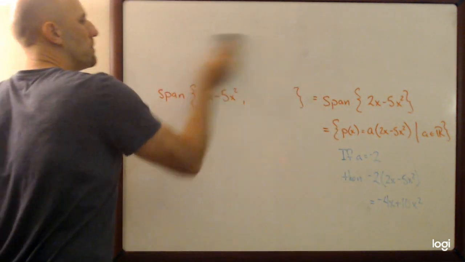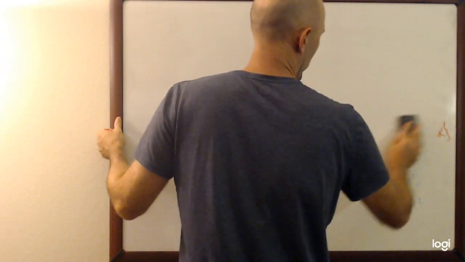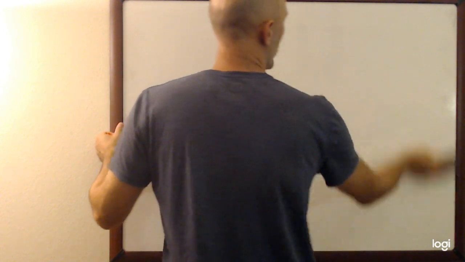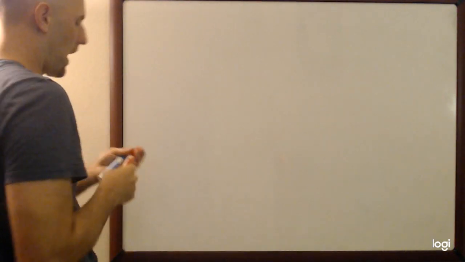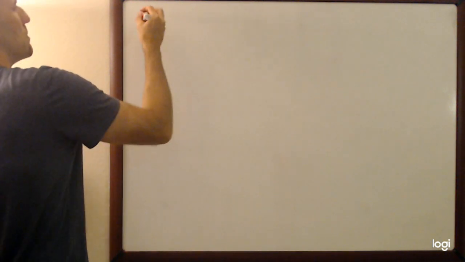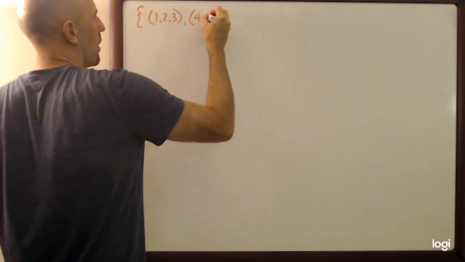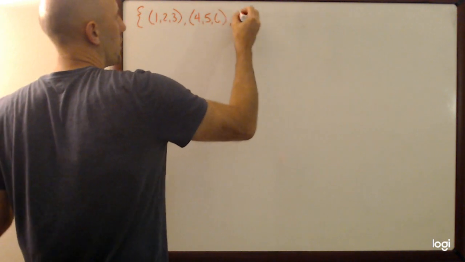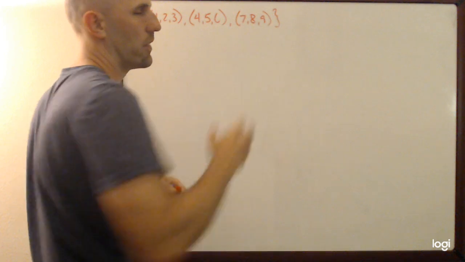And so let's talk about Rn, right? Let's talk about just real valued vectors in Rn. And let's maybe get an example up here. Let's do 1, 2, 3, 4, 5, 6, 7, 8, and 9. Very lazy, I know.